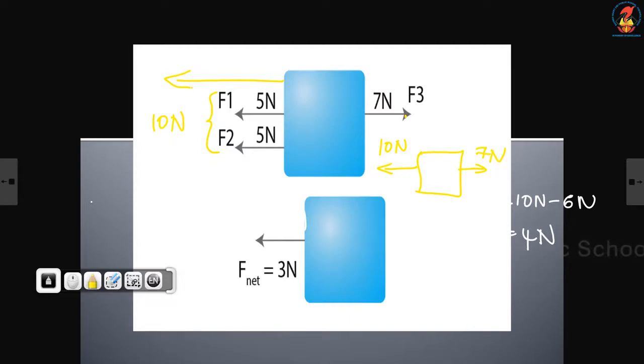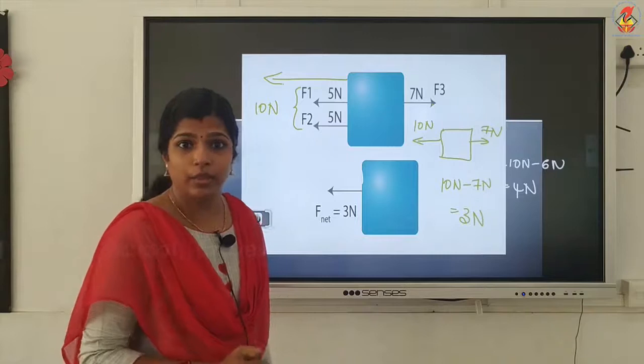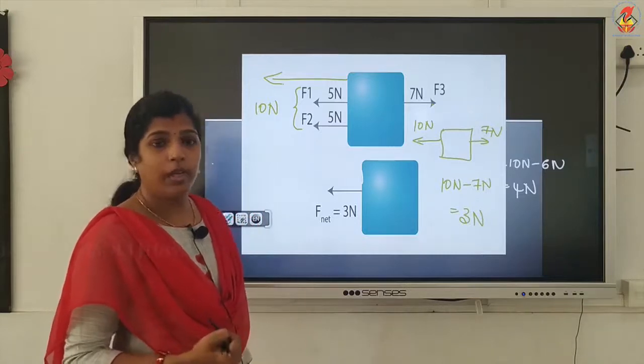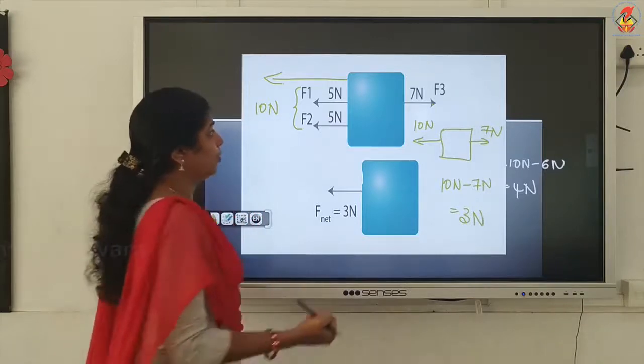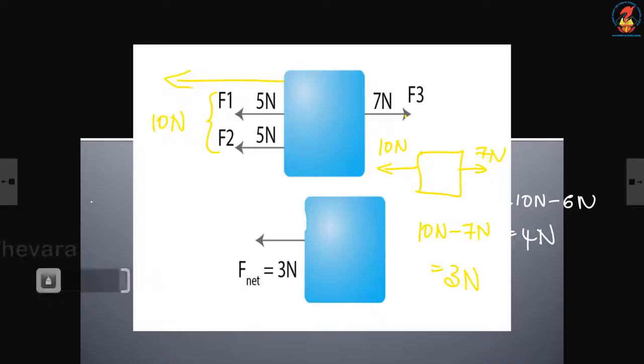We will find the net force by taking the difference, that is 10 Newton minus 7 Newton, equal to 3 Newton, and it will be acting in the direction of the higher magnitude force. In which direction is 10 Newton acting? 10 Newton is acting in this direction.